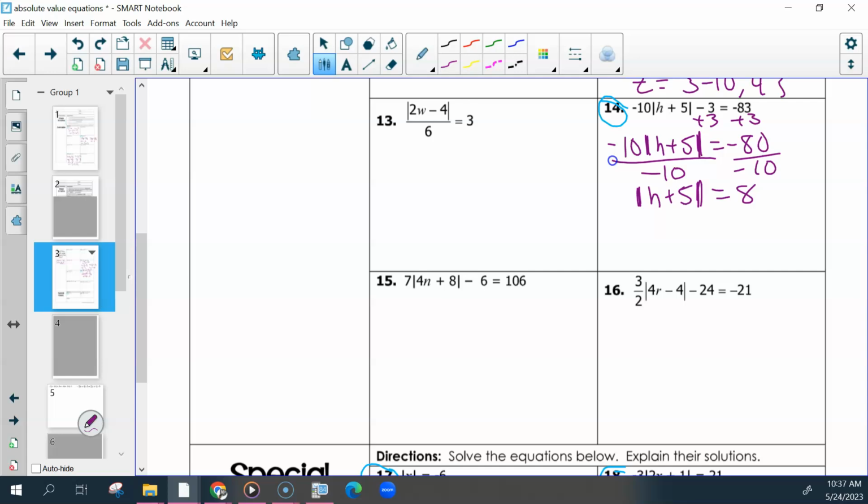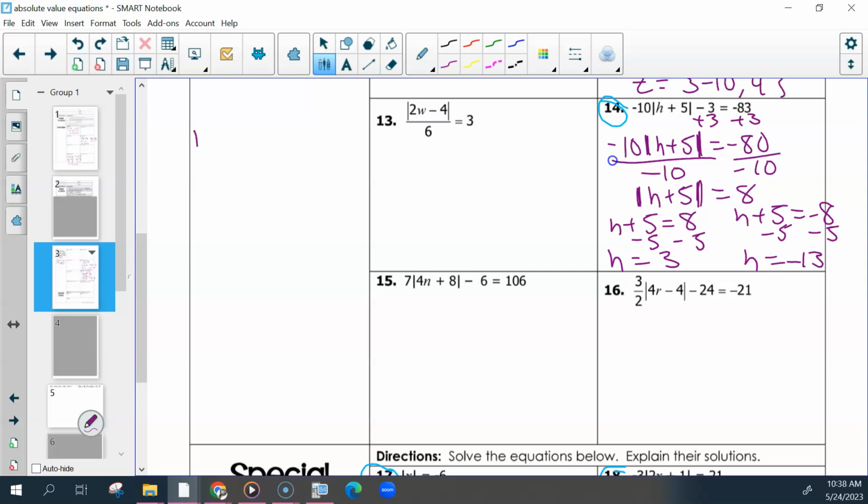Now the absolute value bars are isolated, so we can drop them and set it equal to 8 and -8. And subtract 5 on both sides. So h equals 3 and h equals -13.